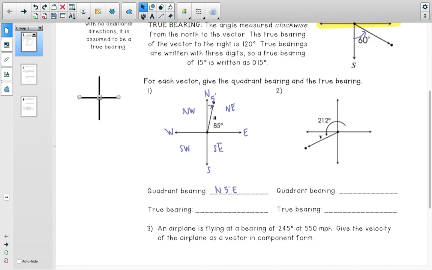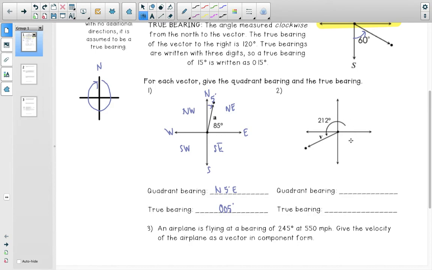If this is north, then it's everything clockwise, so the clock goes this way from north. This one's actually really easy. It's 5 degrees, but we have to write it as 005 degrees. Now on to number 2.